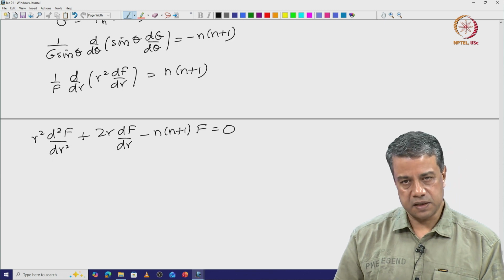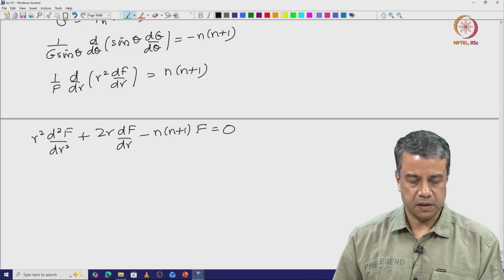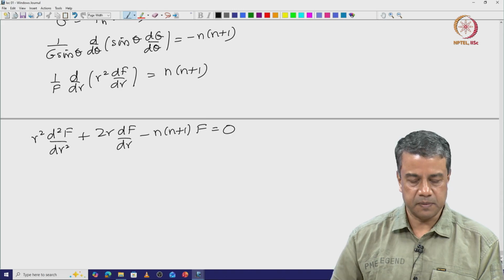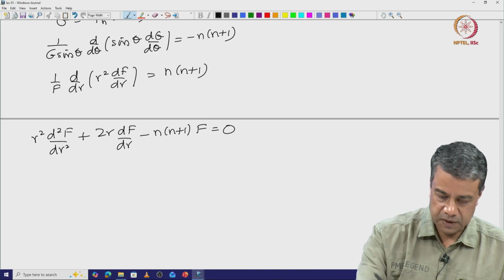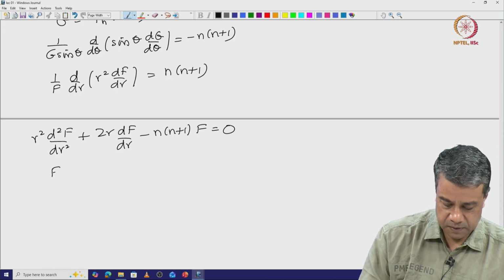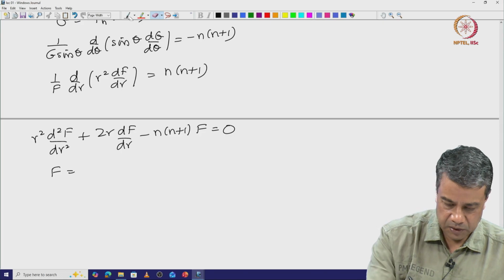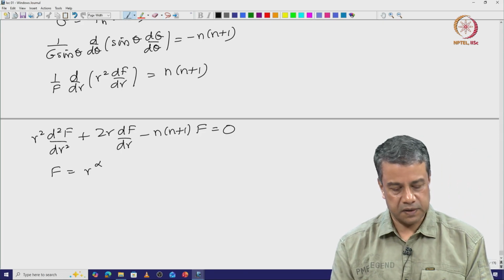This has net 0 dimension in r. You have r square d square by dr square, r times d by dr, and the third term has no r in it. So, therefore, I can write f as a power of r, f is equal to r power alpha.